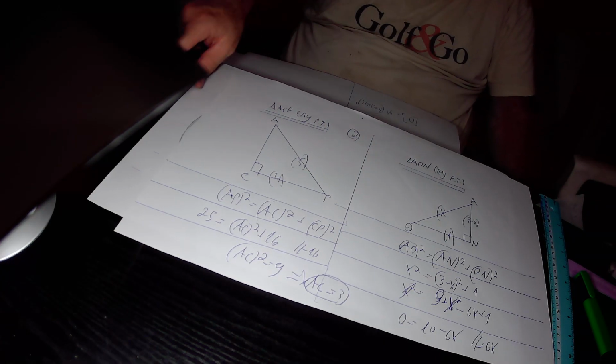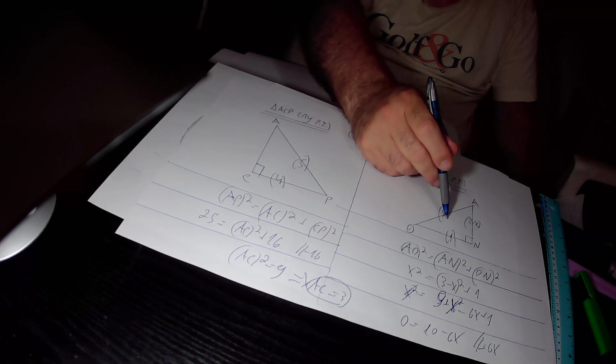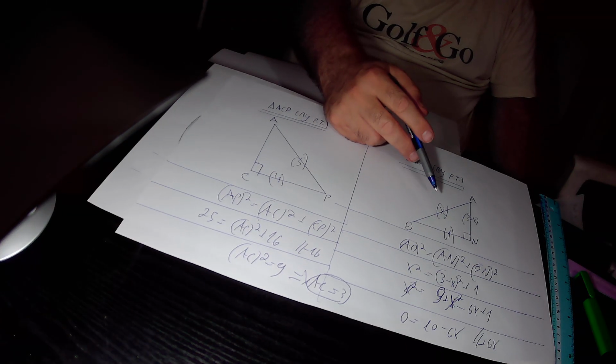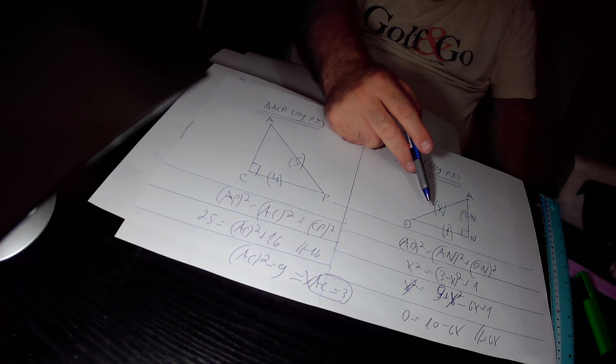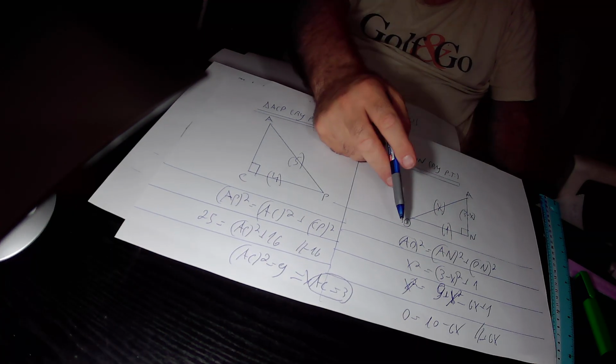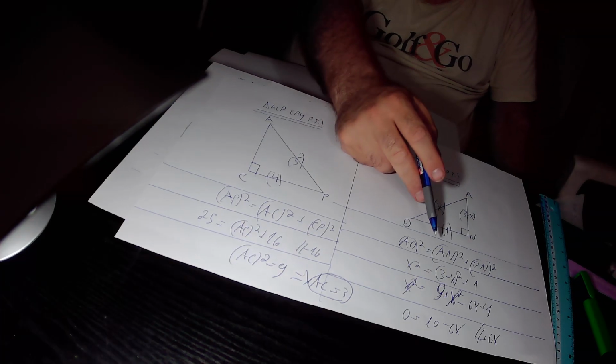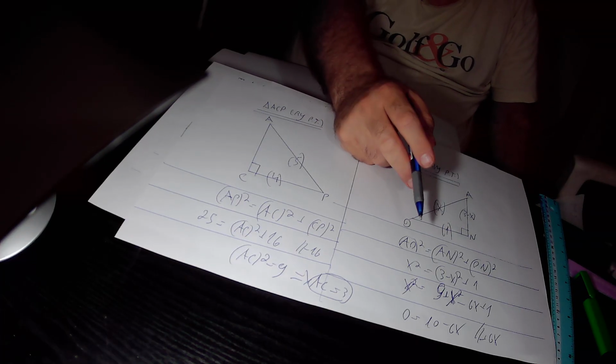AO is X, therefore AO squared is X squared, and it is equal to AN squared plus ON squared. AN is 3 minus X, therefore AN squared is (3 minus X) squared. ON is 1, therefore ON squared is 1 squared, that is 1. So in total we found that X squared equals (3 minus X) squared plus 1.